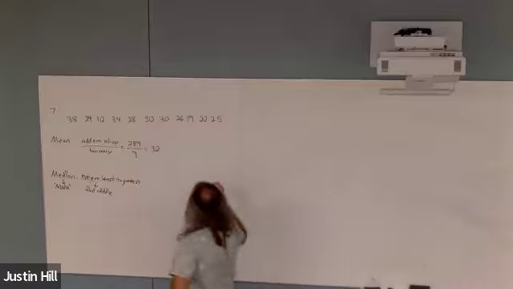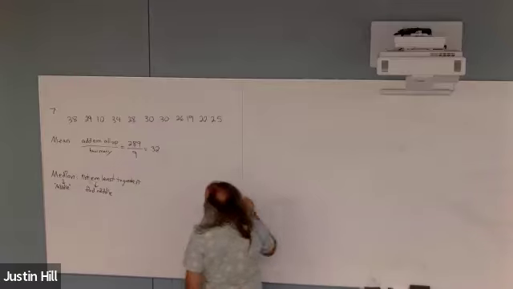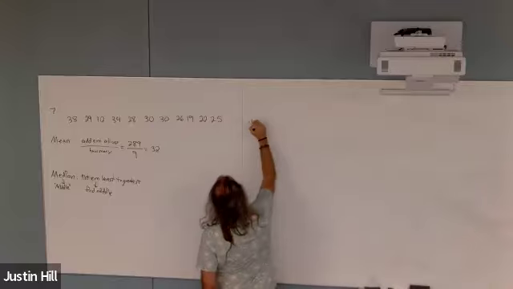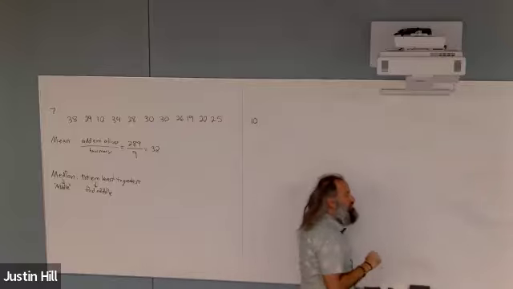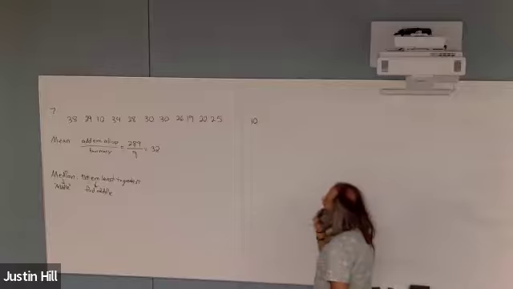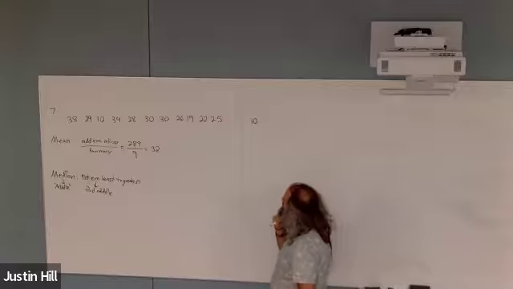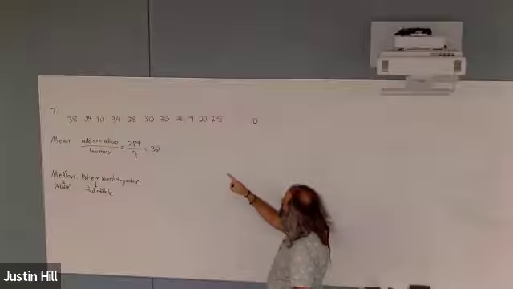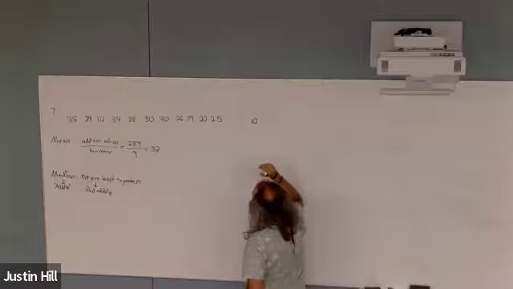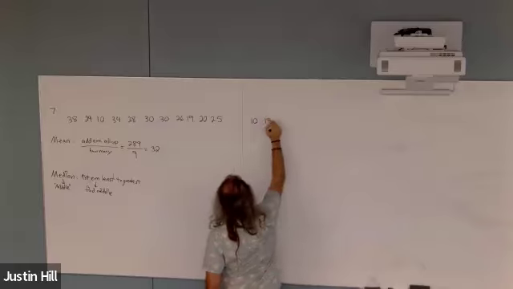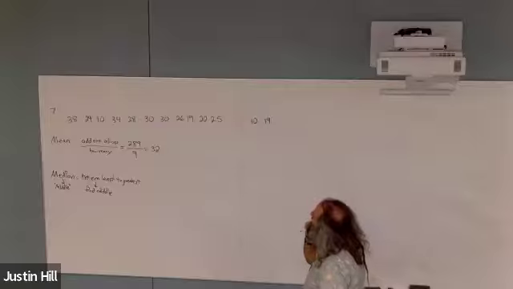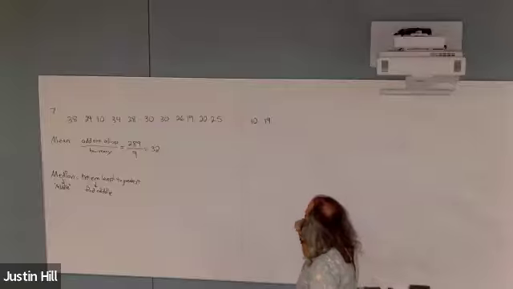All right, good. So looking at this data, the lowest number I see is a 10. Then what's the next? Looks like 19 is the next highest number. Then 20.